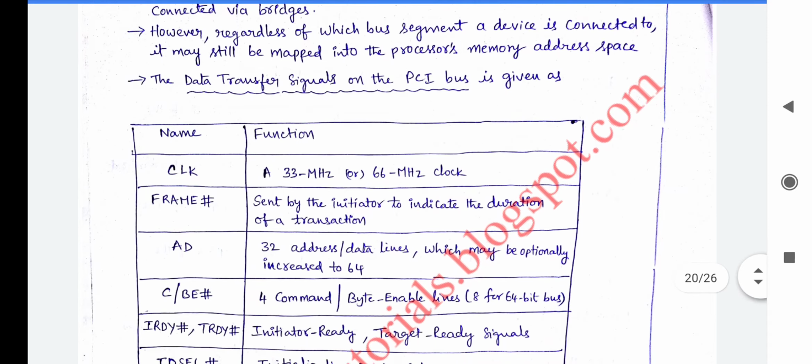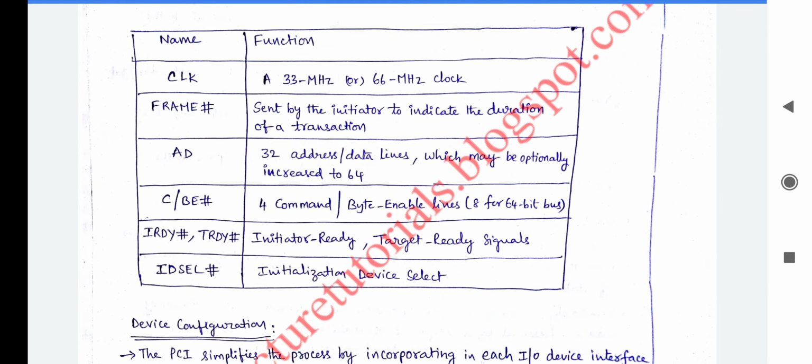The data transfer signals in the PCI bus are: CLK, that is nothing but a clock, a 33 megahertz or 66 megahertz clock; FRAME, sent by the initiator to indicate the duration of transmission, I mean how much time or how much length.